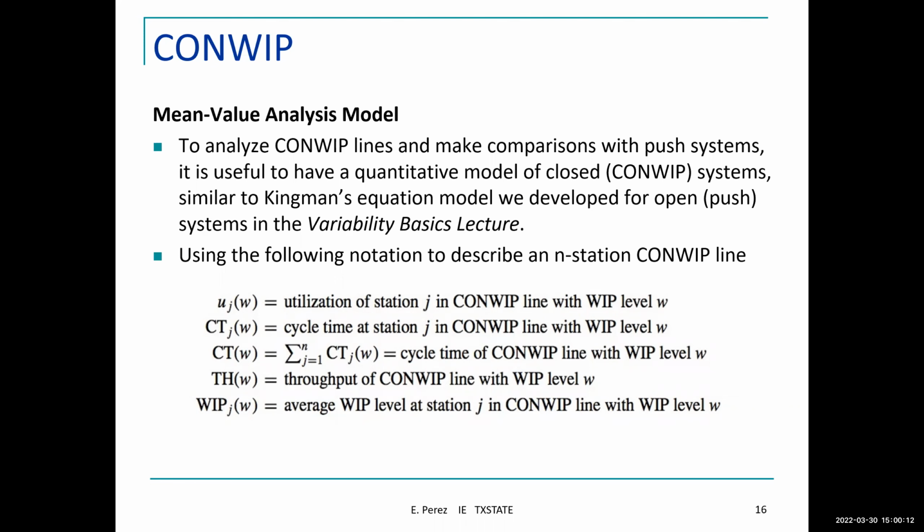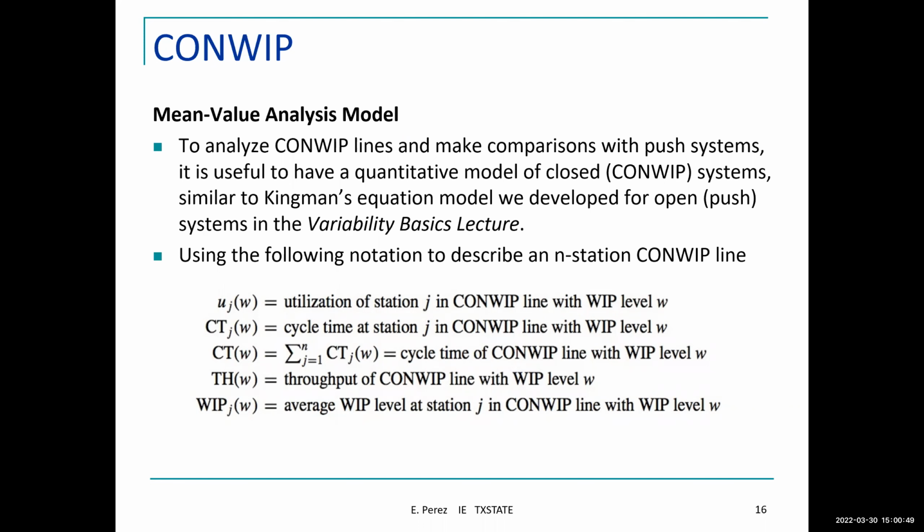U_j(w) is the utilization of station j in a CONWIP line with WIP level w. That w in parentheses is representing the WIP level. I don't want you to get confused, because before I think we were using that to illustrate the machine number. Now that parenthesis is containing the WIP level. CT_j(w) is the cycle time of station j in a CONWIP line with WIP level w.